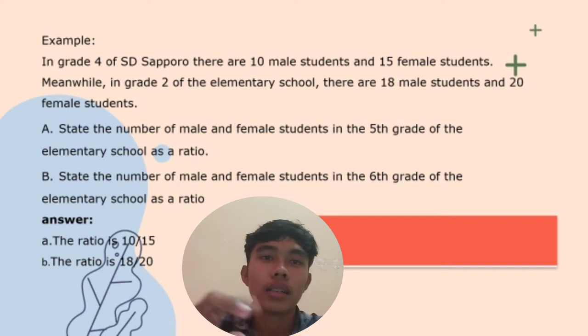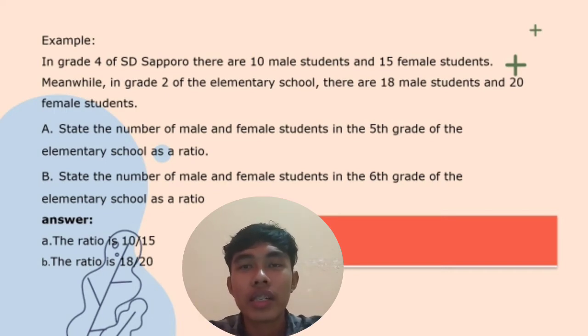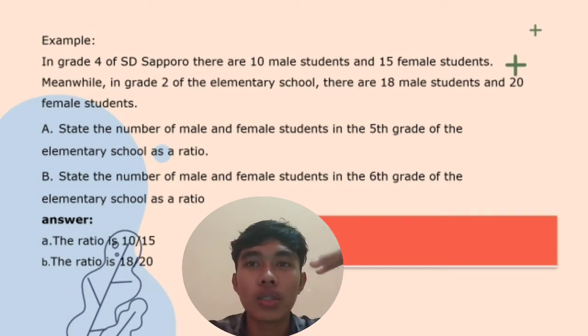Example. In grade 5 of the elementary school, there are 10 male students and 5 female students. Meanwhile, in grade 6 of the elementary school, there are 18 male students and 20 female students. Question A. State the number of male and female students in the 5th grade of the elementary school as a ratio.